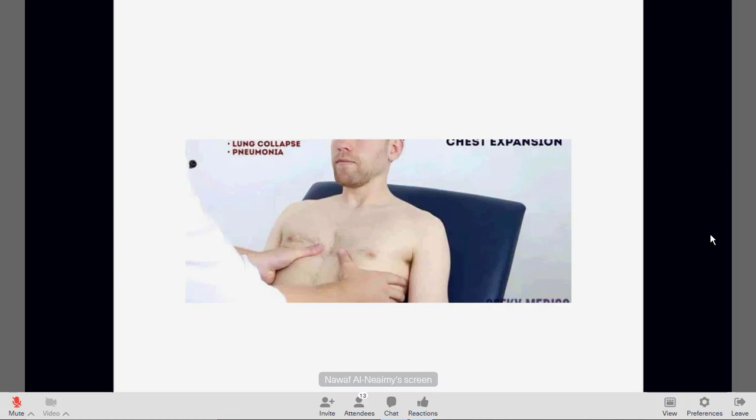Normal expansion of the chest is about 5 cm. Here I am talking about the total expansion of the chest. When I have reduced expansion, it is definitely less than 3 cm.